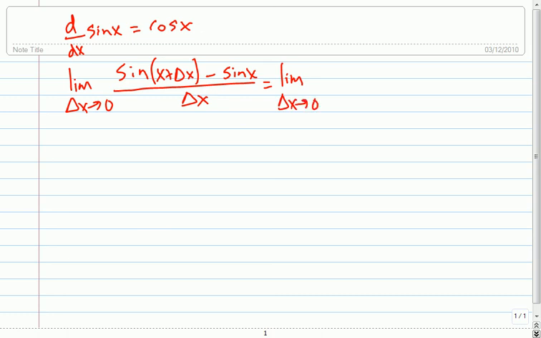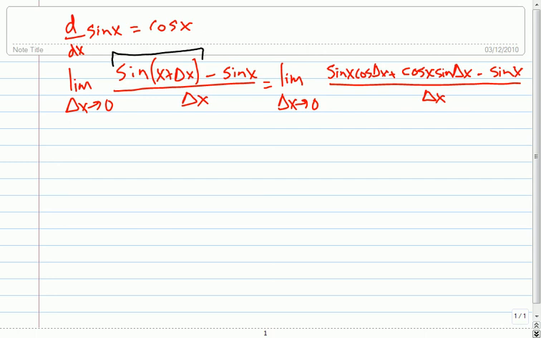And what I'm going to do is I'm going to write this out using sine x cosine delta x plus cosine x sine delta x minus sine x. So that's actually not that bad. I remember. This piece here is this identity here.